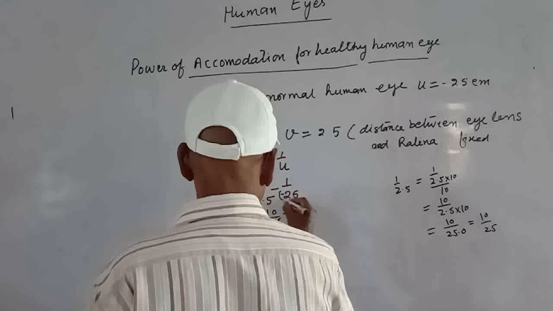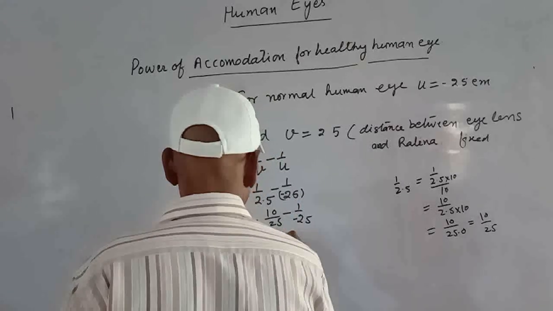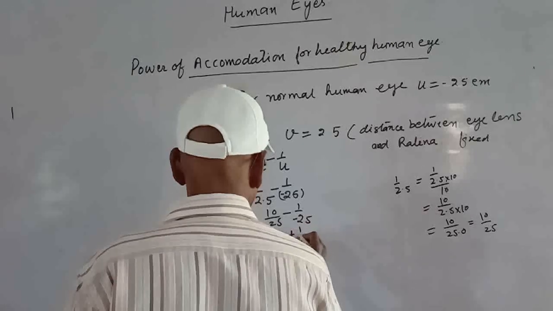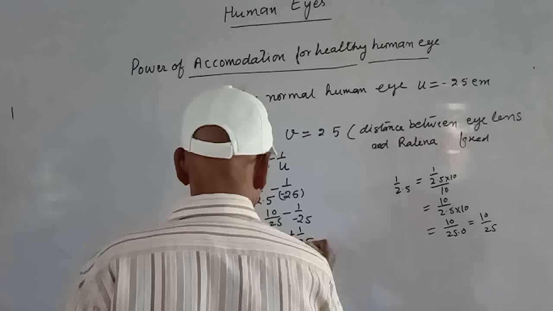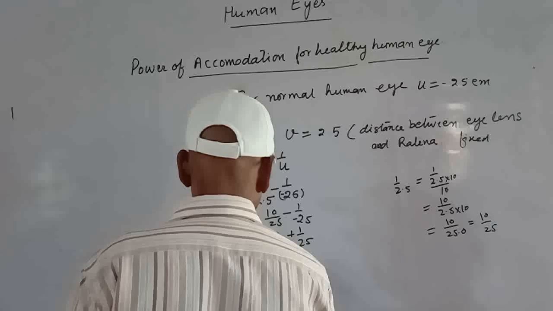Minus minus 25 will become 10 upon 25 plus 1 upon 25. That will become 11 upon 25.